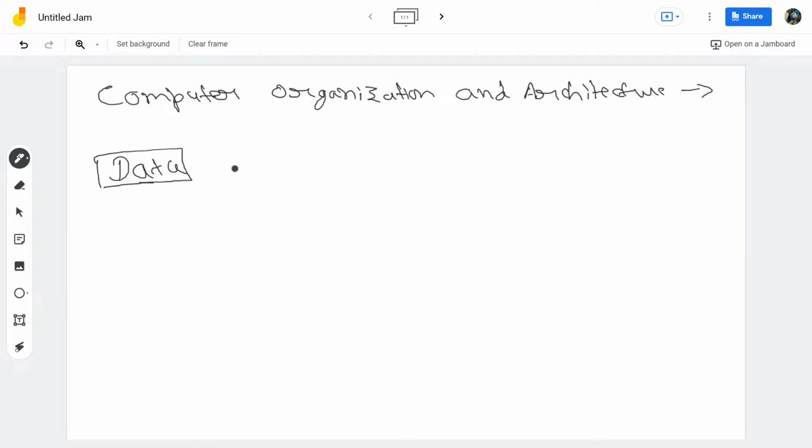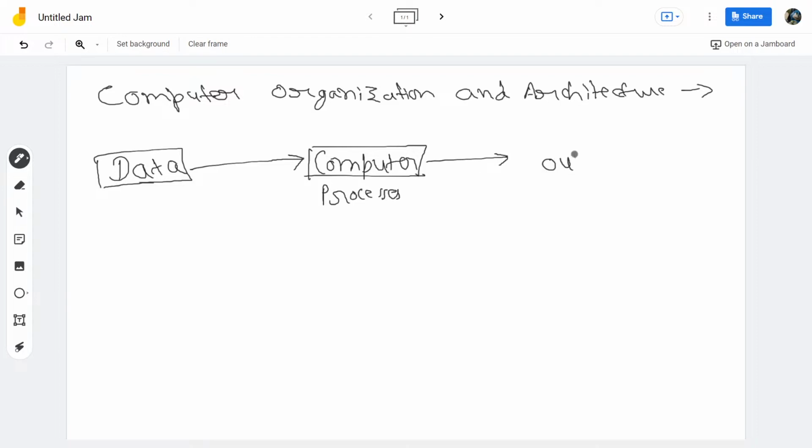Data is basically a set of instructions that is given to the computer. The computer processes the data and gives the output.